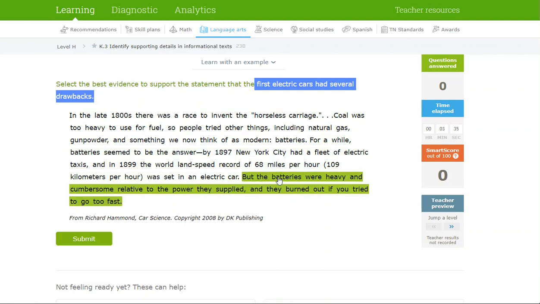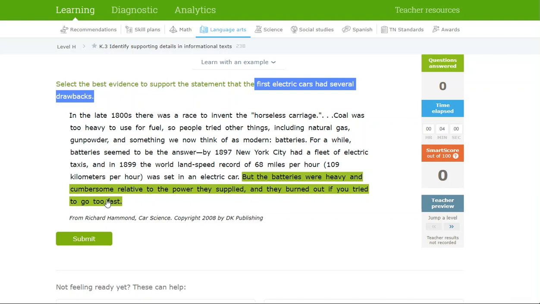The batteries were heavy and cumbersome relative to the power they supplied and burned out if you tried to go too fast. And the reason that I'm thinking that that is evidence to support this statement is because this indicates to me that there were problems. The batteries were heavy. They were cumbersome, meaning that they were kind of a burden relative to the power they supplied.